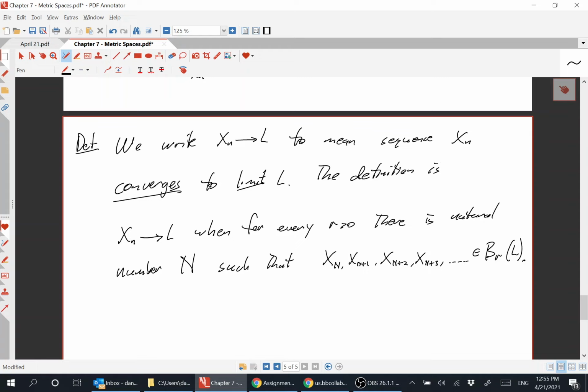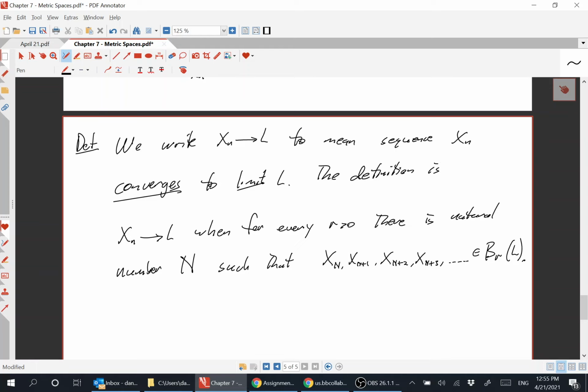Throughout your calculus courses, your teacher may have given the formal definition of the limit as x approaches a of some function f of x equal to L. This is a simpler version of that for sequences. You may be given the formal definition, maybe not, but you have an intuitive idea of what it means.